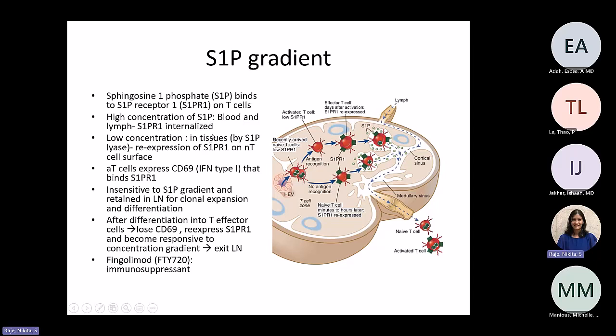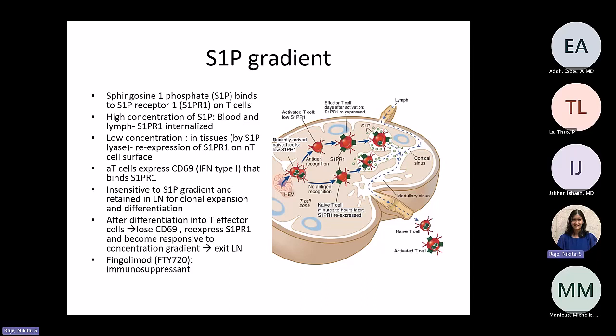Whereas if there is a low concentration, for example in the tissues, there is an enzyme called S1P lyase that breaks down the S1P, because of which there is a low concentration of S1P there.